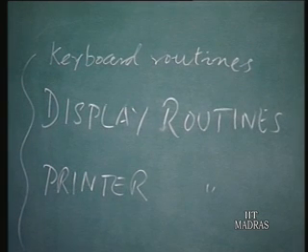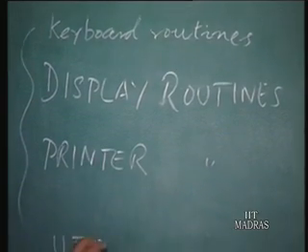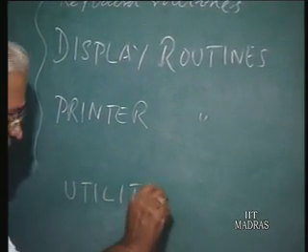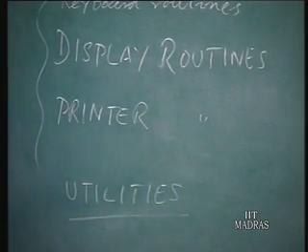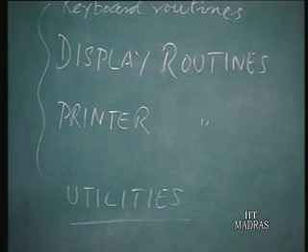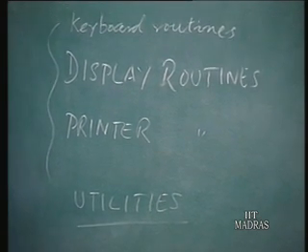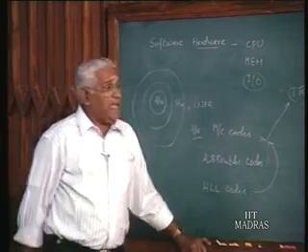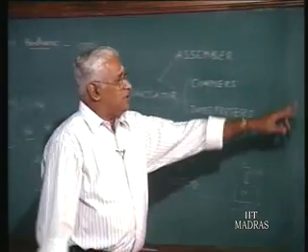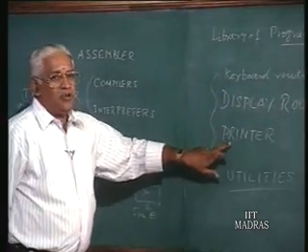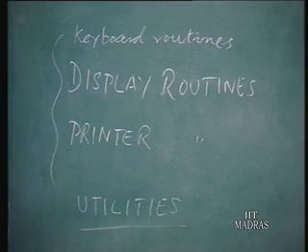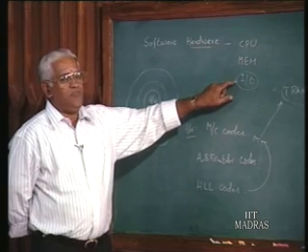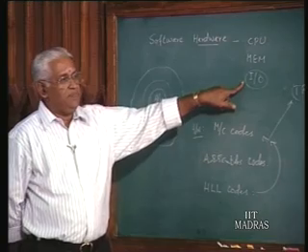Now, essentially these may be called utilities, which means these are things which are quite useful, or things which can be utilized by the programmer. Again, these keyboard routines, display routines, printer routines, all these things you need for accommodating different types of I/O devices.